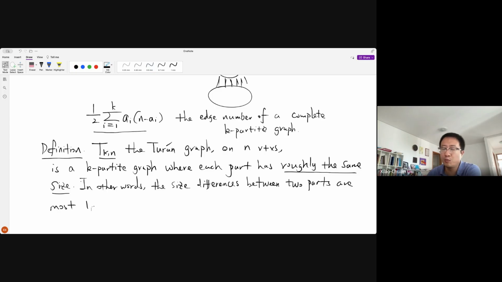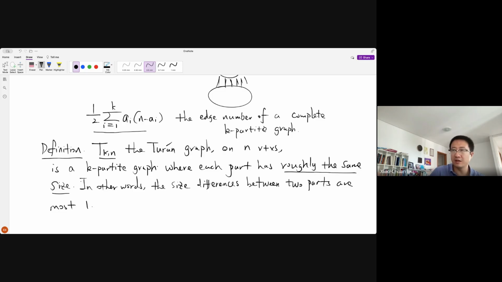You don't see two parts with size difference greater than or equal to two. There are some larger parts and some smaller parts, but their difference is only one. This is the best you can do if n is not divisible by k.